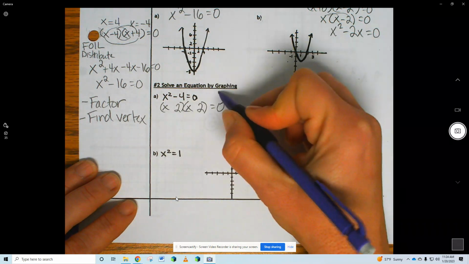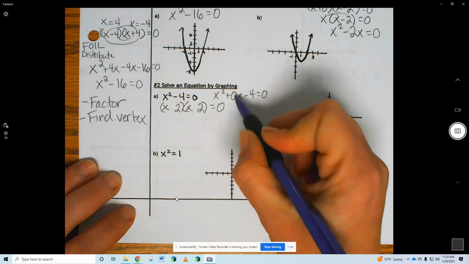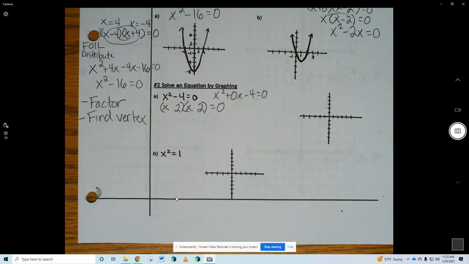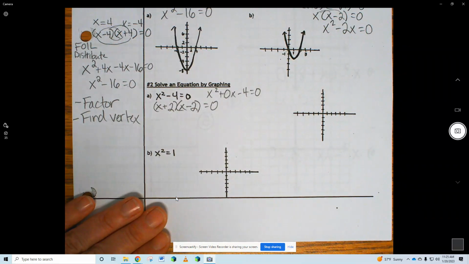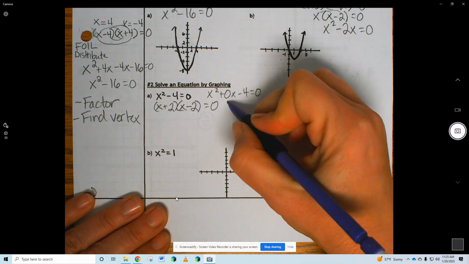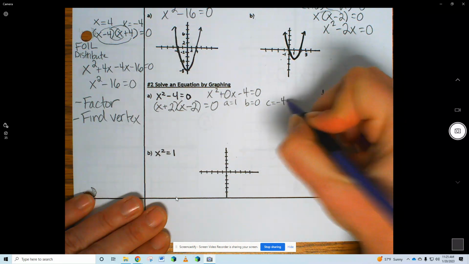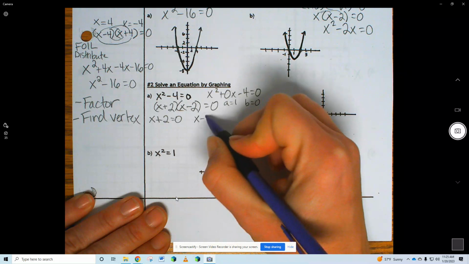This is like x squared plus 0x minus 4. So there's no middle term, and we don't write the 0x. What would the signs be in order, because I need to have no middle term? Positive and negative, opposite. This is called the difference of squares. So my a equals 1, b equals 0, c equals negative 4. Set each parenthesis equal to 0 and solve.